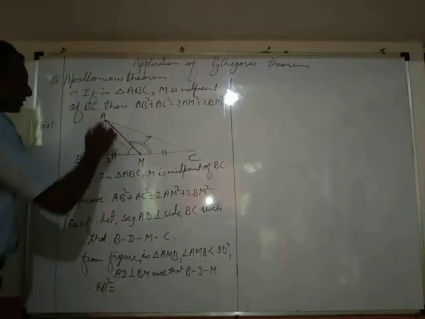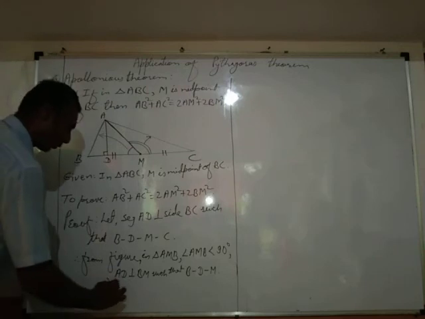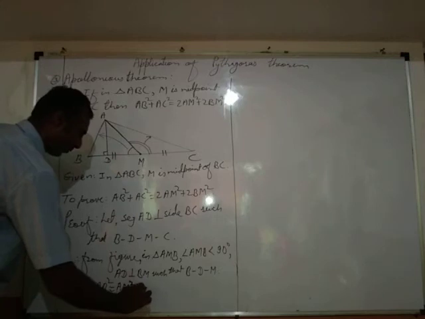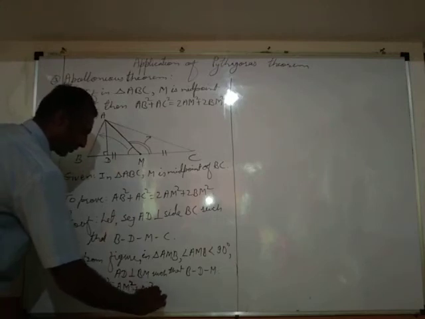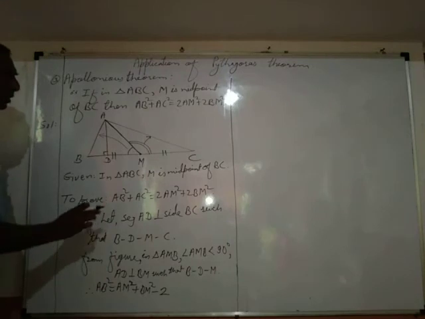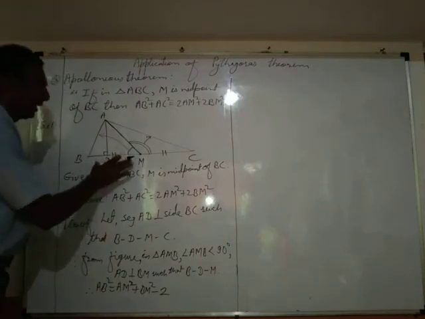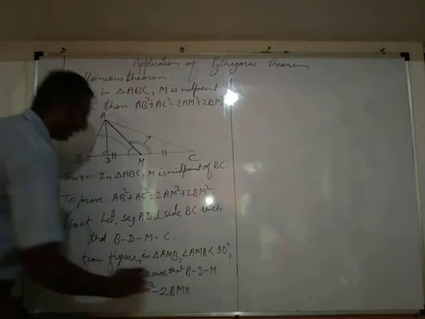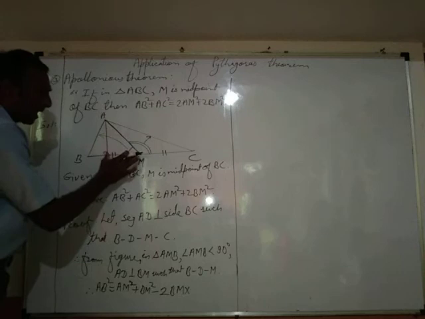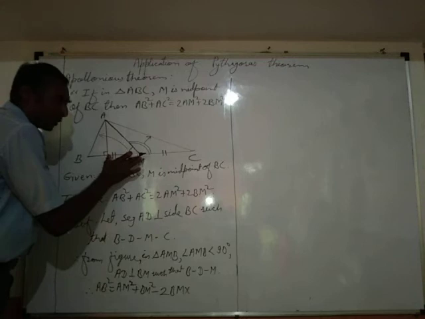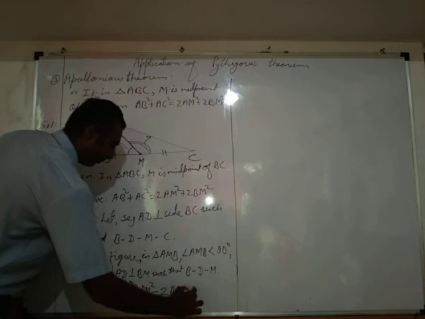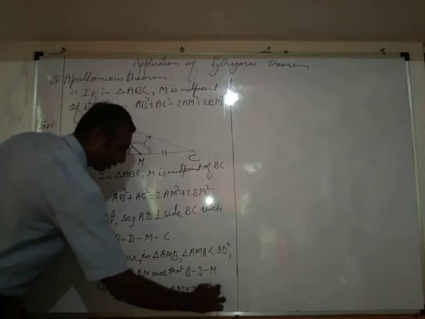AB square equals sum of the squares of the remaining two sides, means AM square plus BM square minus twice of, on which side the perpendicular is drawn, means twice of BM into the part of that side adjacent to acute angle and right angle, that is DM. Let's call it equation first.